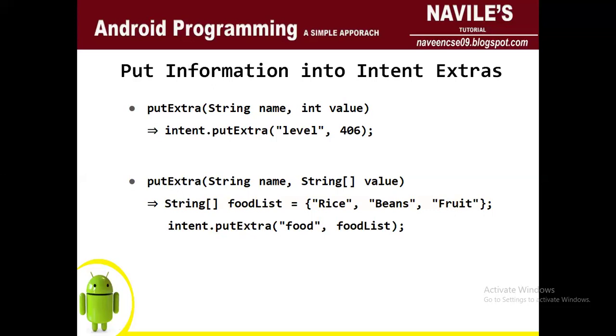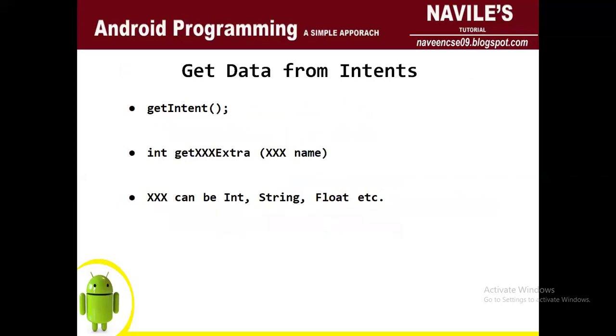In simple words, putExtra is the method we use on the intent in order to push a value from one activity to another activity. While retrieving the value in the second activity, we use the getIntent method. So we need to retrieve the intent.